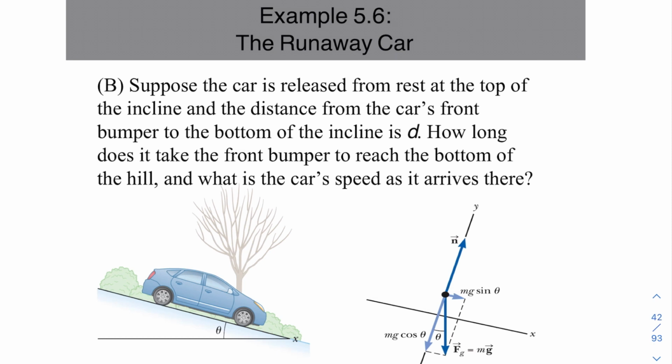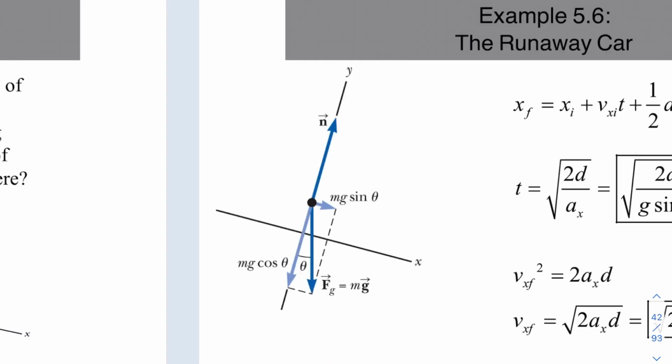So it's from rest, so v initial is 0. The car travels d distance until the front bumper reaches the bottom of the hill, so we need to figure out v final of the car.